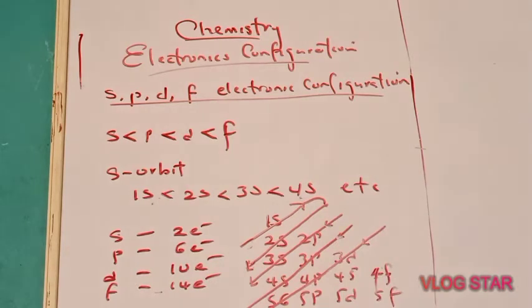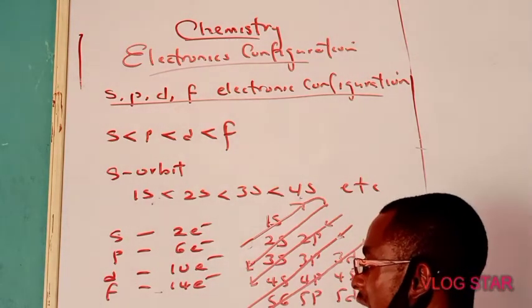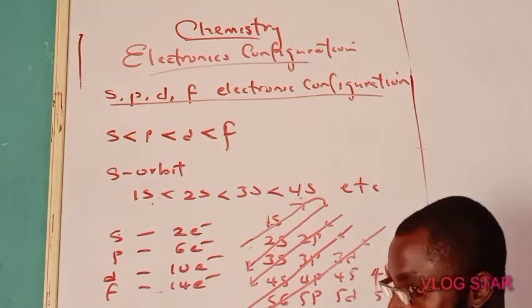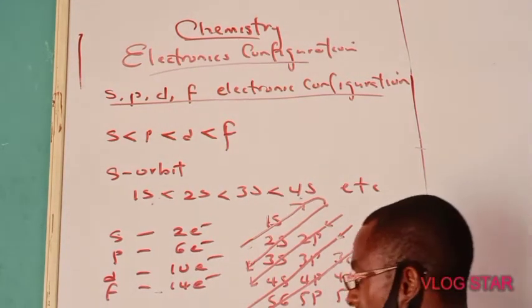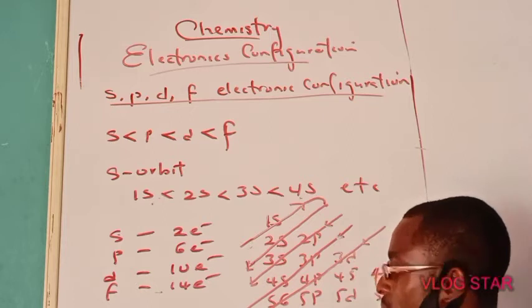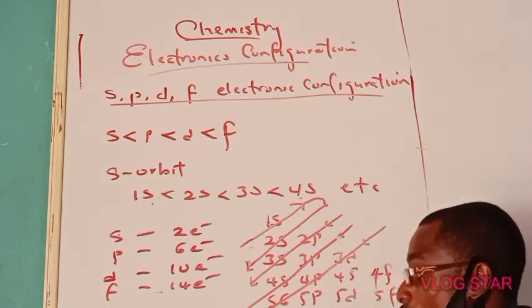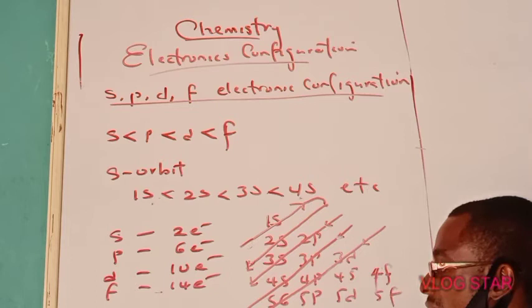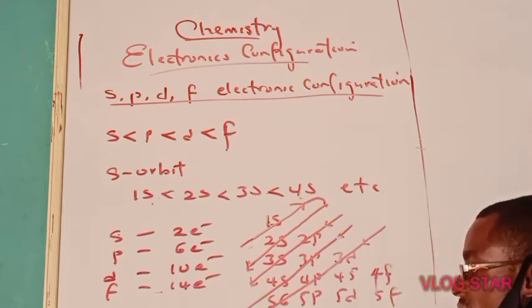However, pay attention. This confuses students. Therefore, I'm going to make it simpler for you. Just know that S is the only one that has 1. Then it has 2s. After 2s is 2p. After 2p you go to 3s. You start again: 3s, 3p, then 3d.